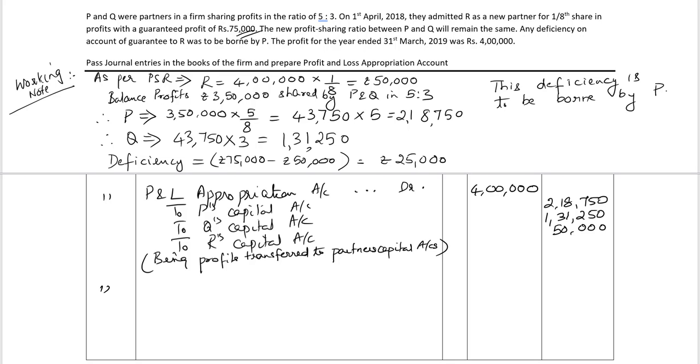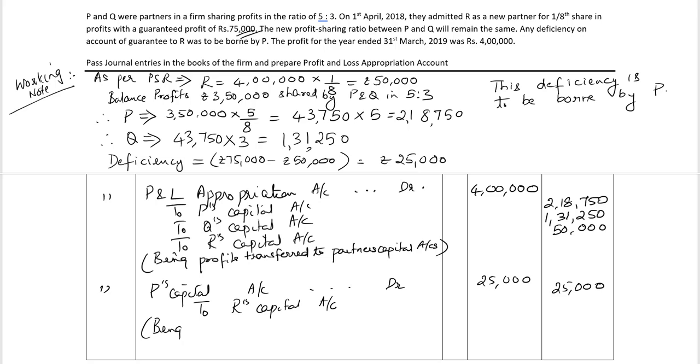Same date journal entry for the deficiency of rupees 25,000 to be borne by P. P's capital account, debit to R's capital account. Deficiency amount 25,000 rupees. Being deficiency borne by P.